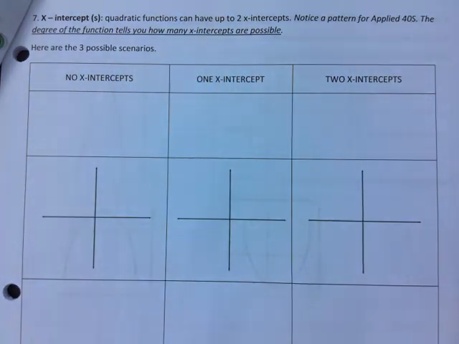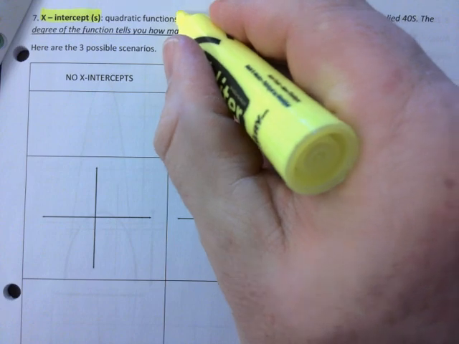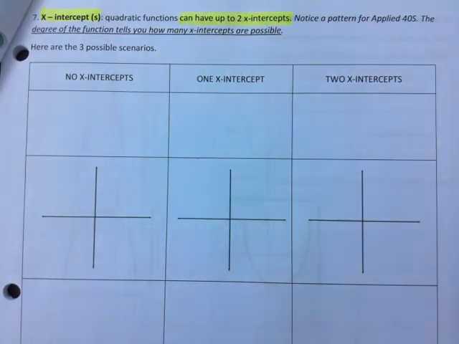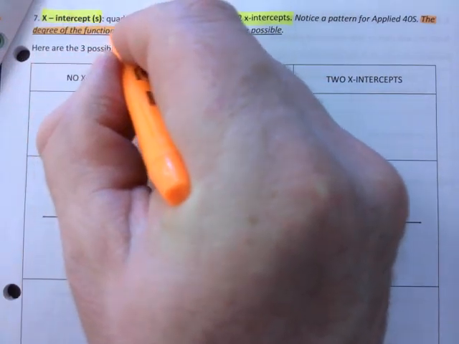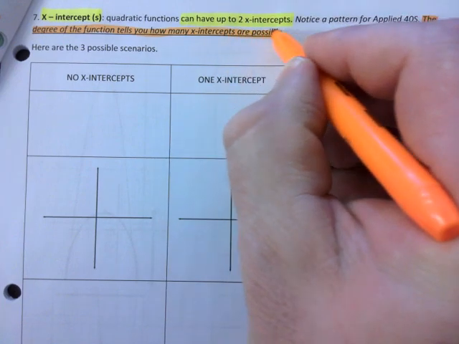Quadratic functions can have up to, watch this part is interesting, not like your linear equations last year, they can have up to 2 x-intercepts. And I want to talk about that note. The degree of the function tells you how many x-intercepts are possible.